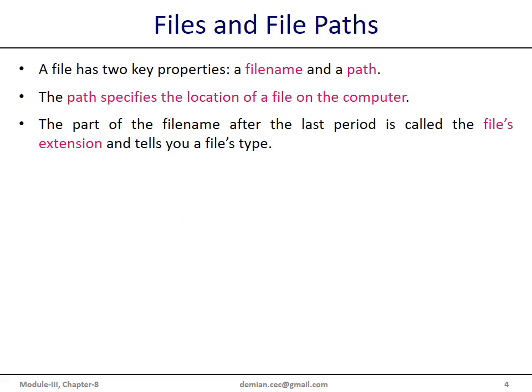A file is a collection of related information on a secondary storage, and each file has two key properties. One is the file path and the second is the file name. The file path specifies the location of a file on the computer, and the file name has two sections: the base name followed by the file extension.